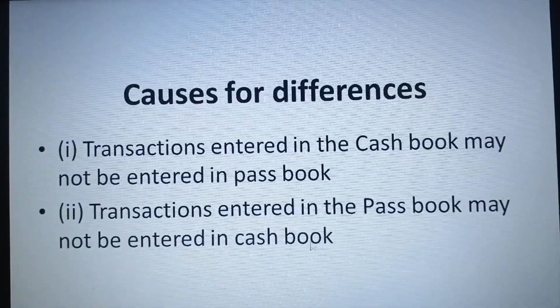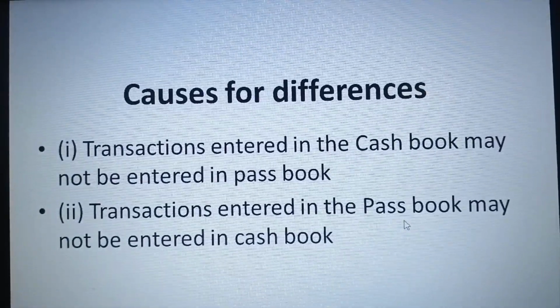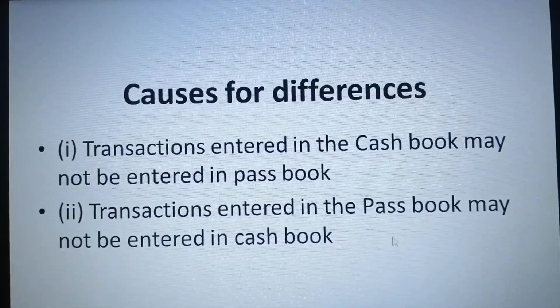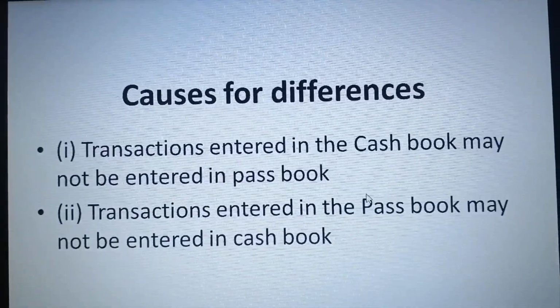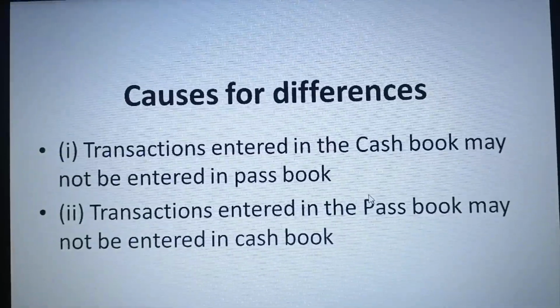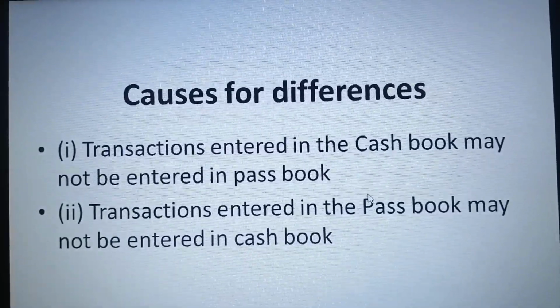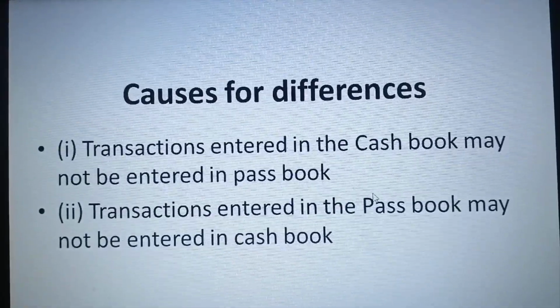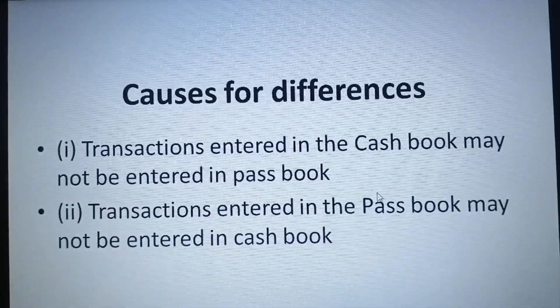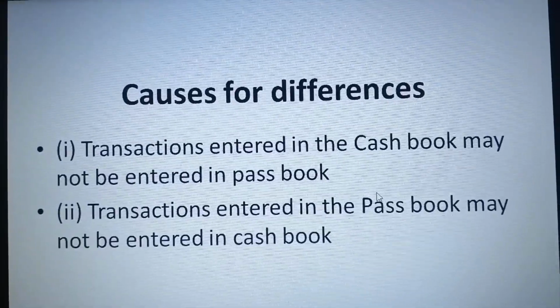Next one is when transactions entered in the passbook are not entered in the cash book. These are the major reasons why differences arise in the cash book as well as the passbook. So the main purpose of preparing BRS is to find out these differences and take steps to remove them.